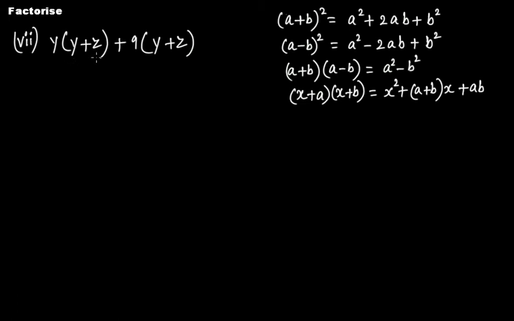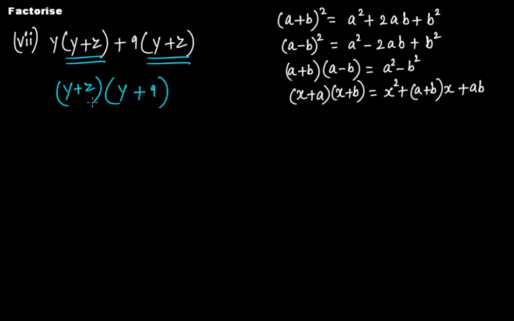Y multiplied by y plus z plus 9 multiplied by y plus z. Okay, that's quite simple. This is y plus z, this is y plus z. In these two terms, this is the common factor, y plus z, the concept of common factors. So take y plus z, the common one, and put the rest within the bracket, that is y plus 9.